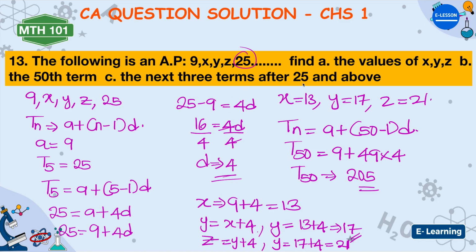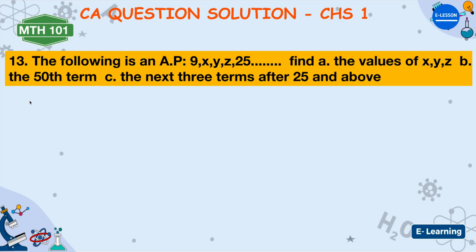And then the next three terms after 25, you just keep adding 4 to it. So the next three terms after 25 will be what? 25 plus 4. That will give us T6. Abi? That is the next three terms now. This is T5 here. If you count 1, 2, 3, 4, 5.